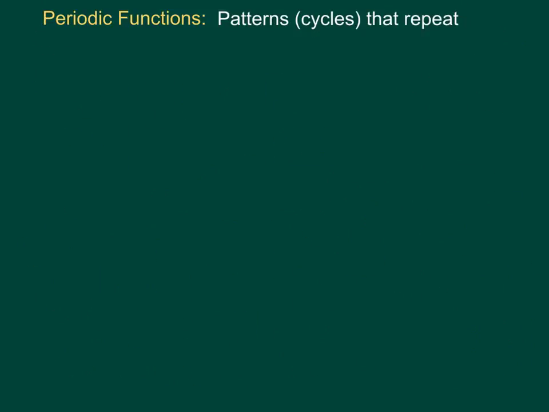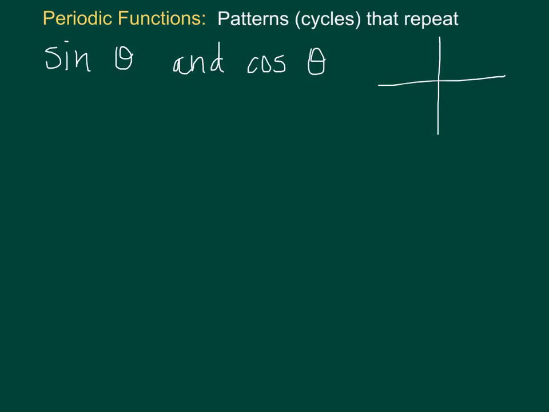In trig, we have trig functions that repeat in periods or cycles, and that just means they have patterns. And for sine and cosine, no matter where the angle is, it repeats every 2 pi units.